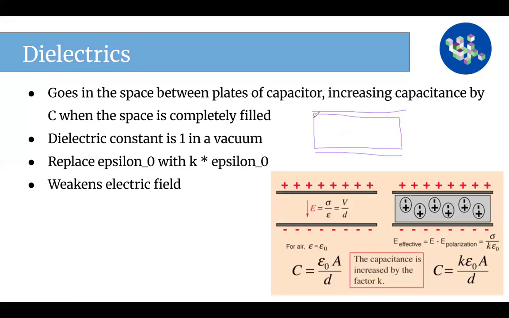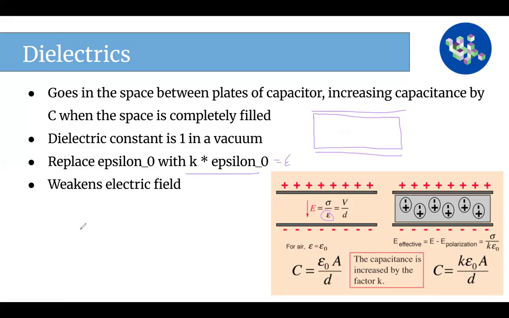The dielectric changes this epsilon, and that allows the capacitor to store more charge. So epsilon zero is replaced by k times epsilon zero, which is some new epsilon.